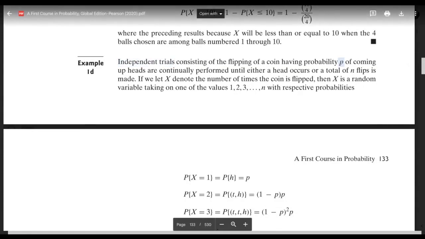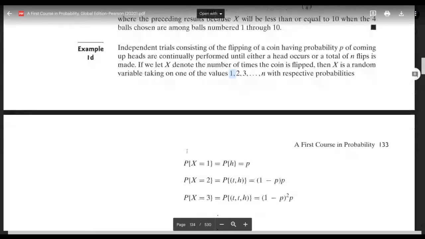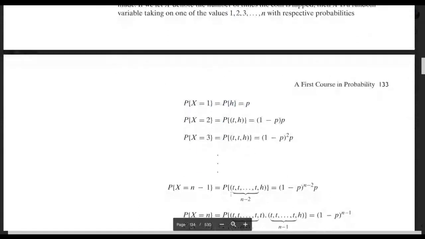P is the probability of a heads, with n flips. And X denotes the number of times the coin is flipped. It could be 1 flip, 2 flips, 3, up to n flips, and each one with its probability, right? The probability to get a head is P, and so on and so forth.